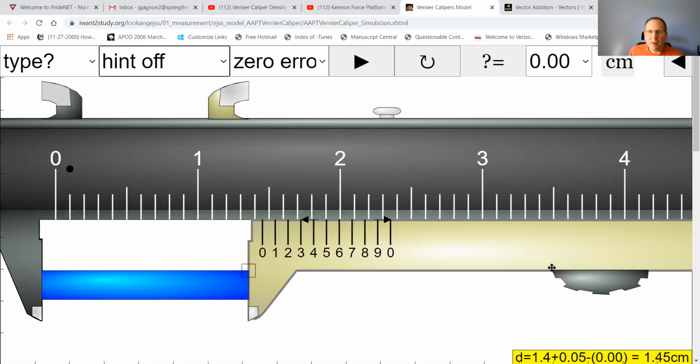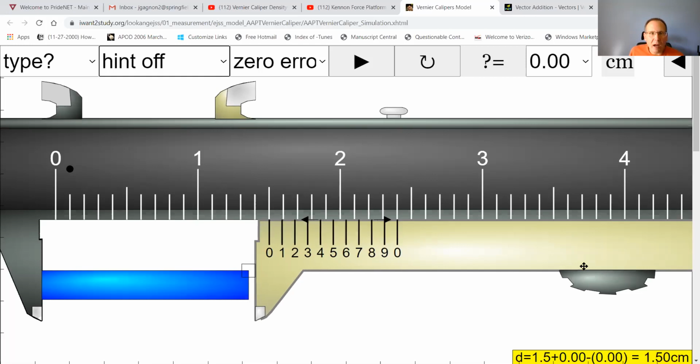Okay. Let's say this is the object. Oh, let's see if we can do it exactly. Let's say that were the object, right? So where's the 0? It's on the 1.5, and then the 0 lines up best, right?